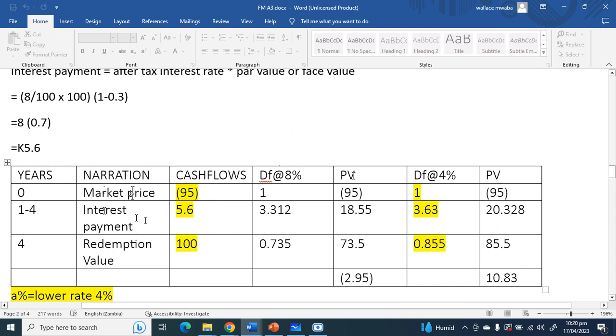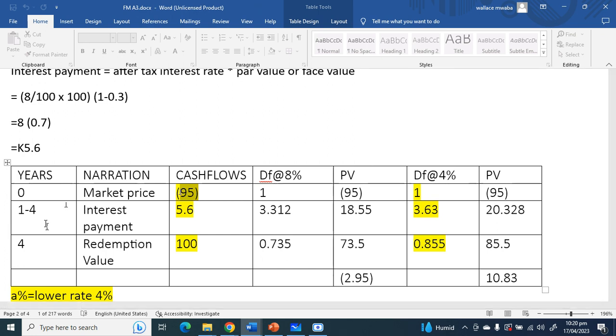So here, instead of market price, we're putting the cost of the machine. This time we're not having any annuities, since the cash flows are different each year. So we're going to list year 1, year 2, year 3, up to year 4. There is no redemption value, so we just end at year 4.